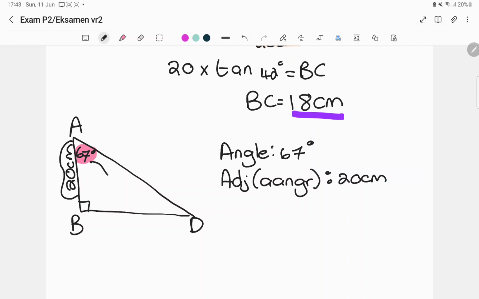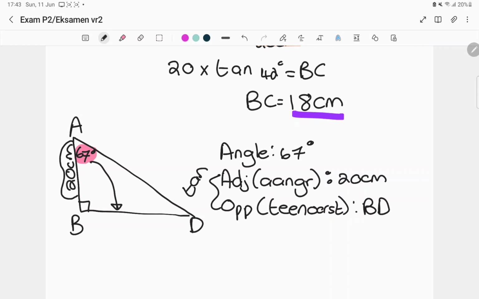And then I want BD. So BD is opposite my 67. So my opposite side is BD. So once again, I'm working with adjacent and opposite, which I know is tan.